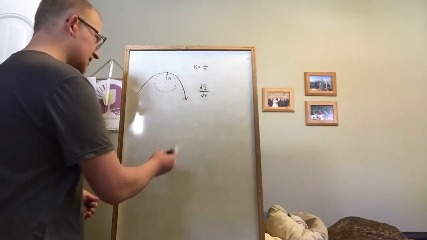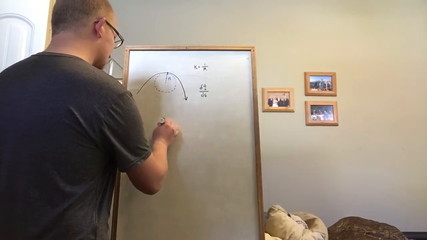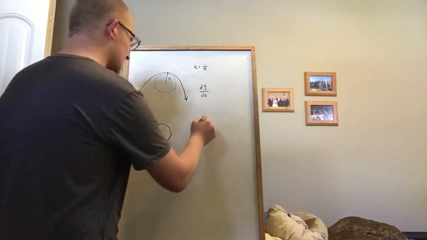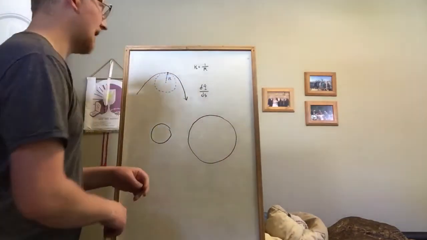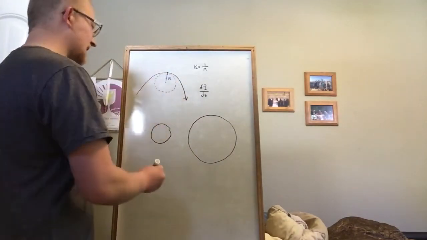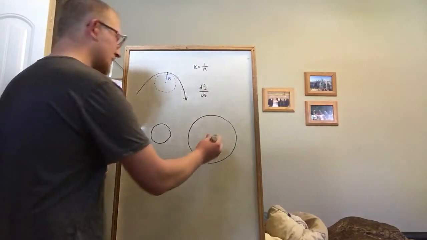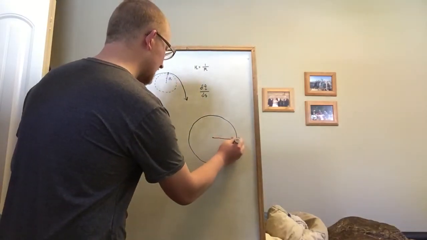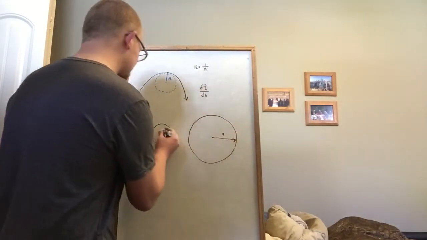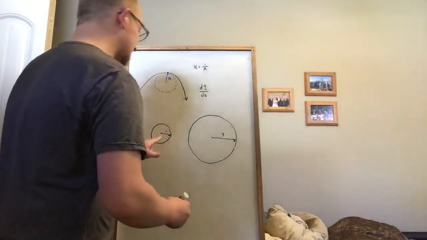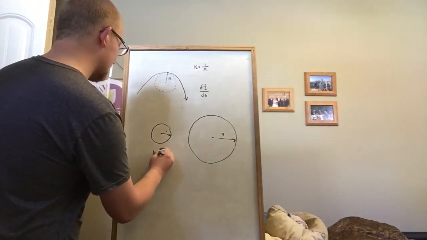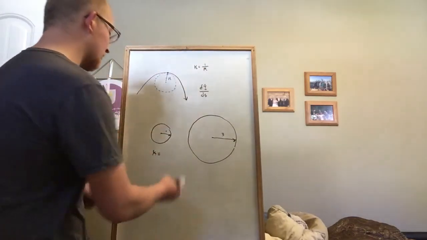Just to get a feel for that, let's look at a couple different circles, a smaller circle and then a bigger circle, and ask ourselves, as the radius gets bigger, what happens to kappa? If this one is radius 3, and this one only has radius 1, then the curvature kappa for the smaller circle is going to be 1 over 1.